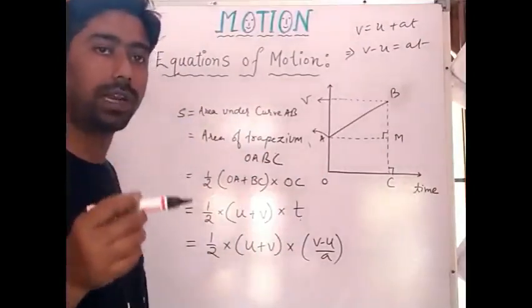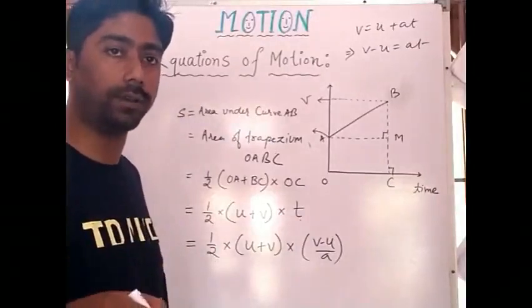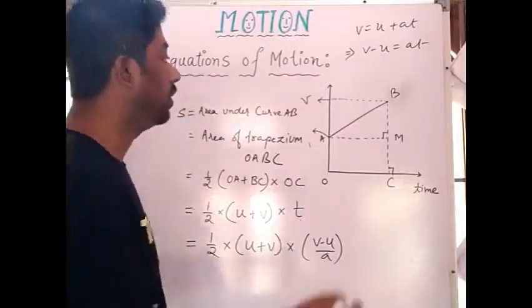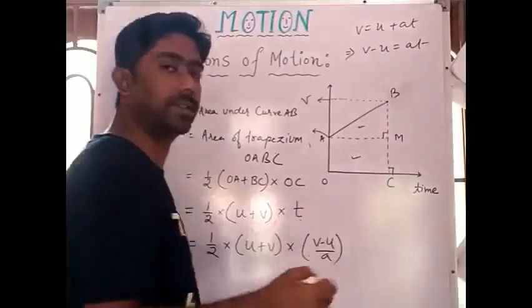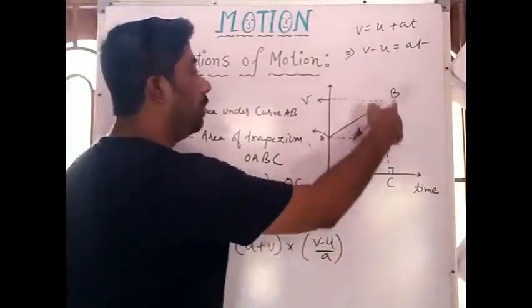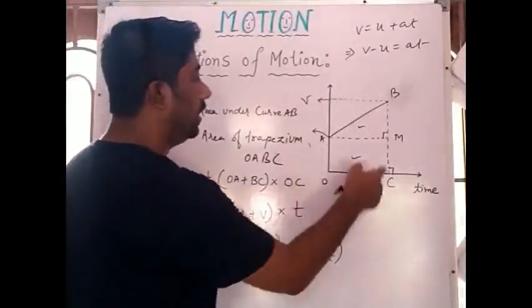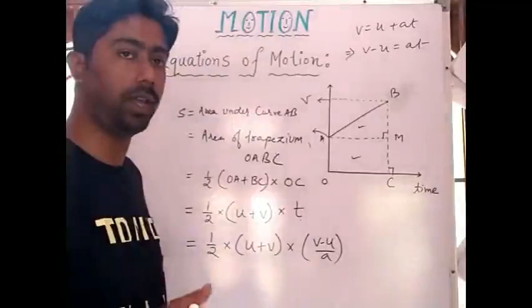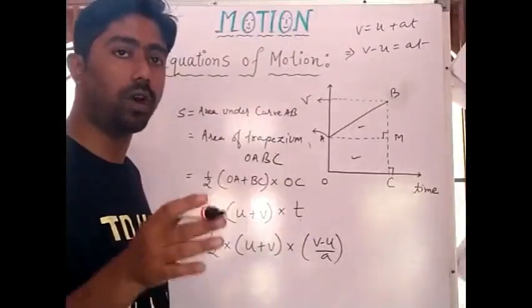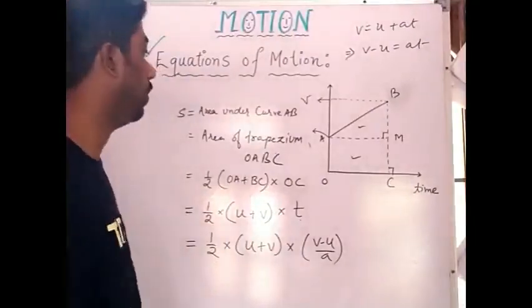So what should click in your mind is that to obtain S equal to ut plus half at square, you have to divide the area into two parts: area of triangle AMB plus area of rectangle OCMA. Okay, and to obtain v square minus u square is equal to twice as, what do we do?